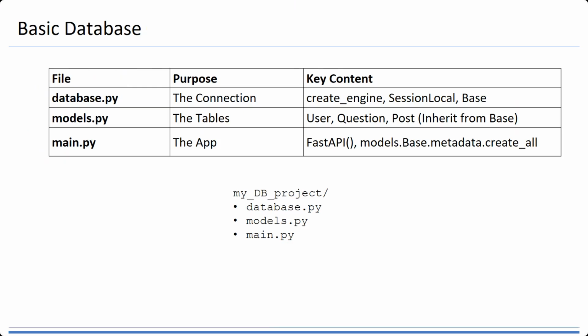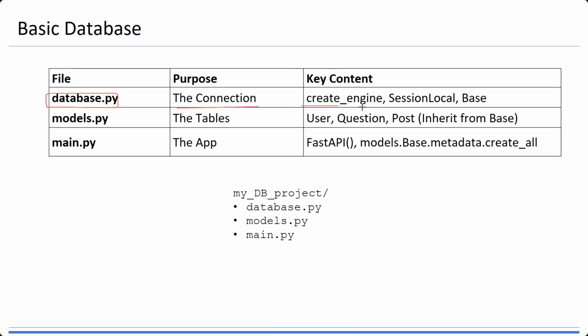Now, the most important thing is we need to figure out at least 3 files. The first file is where we make the database. We are creating the connection between Python and the database, because this is the connection.